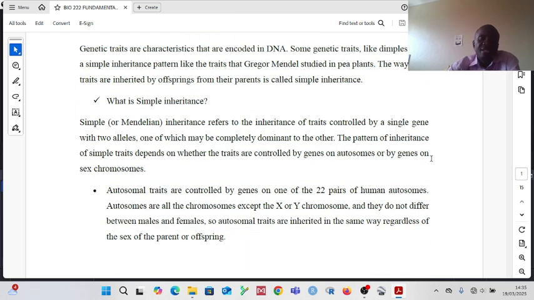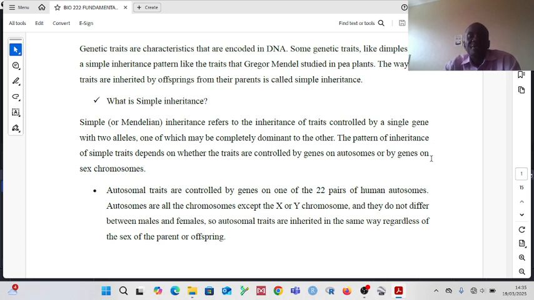Autosomal traits are traits controlled by genes located on autosomes, that is, on one of the 22 pairs of the human chromosomes.